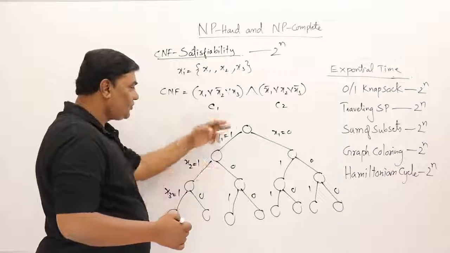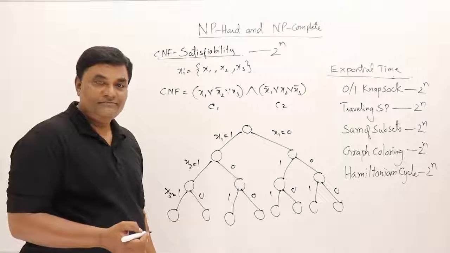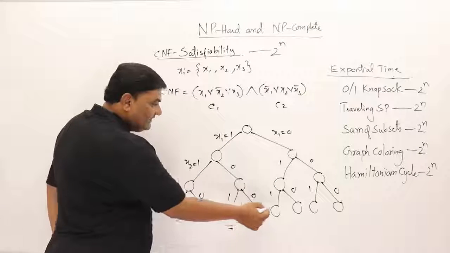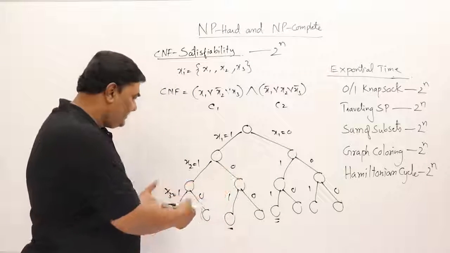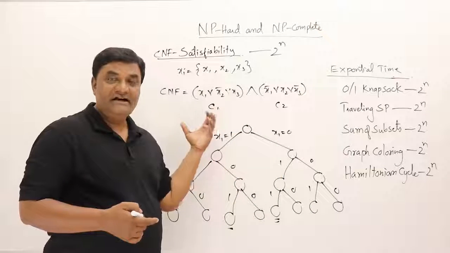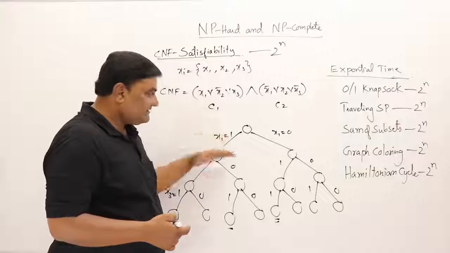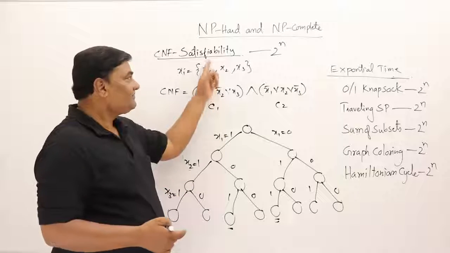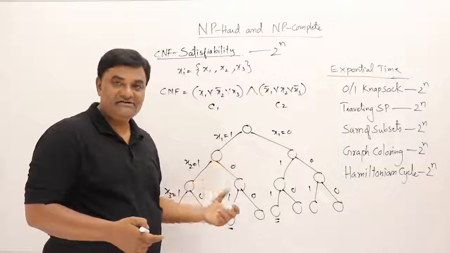Now the path from root to a leaf of this tree gives a solution, like 1 0 1, this one. If I take this, this is 0 1 1. So this is showing all 8 possible values of x1 to x3. So this problem can be represented in the form of a state space tree.